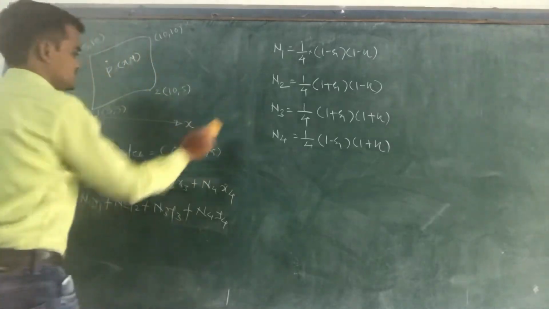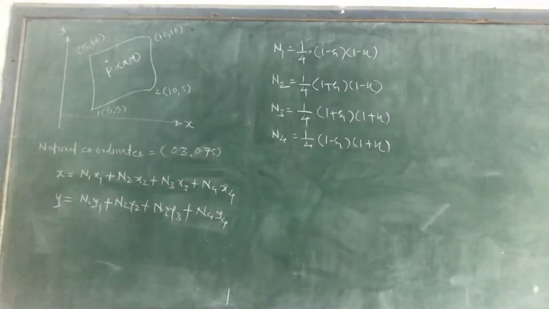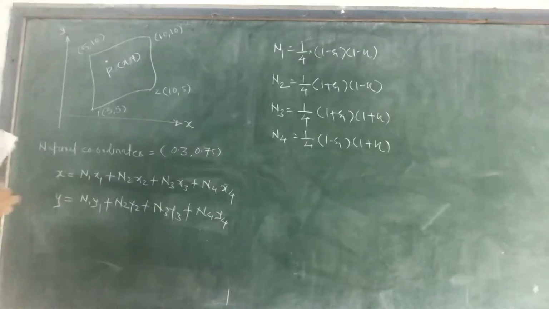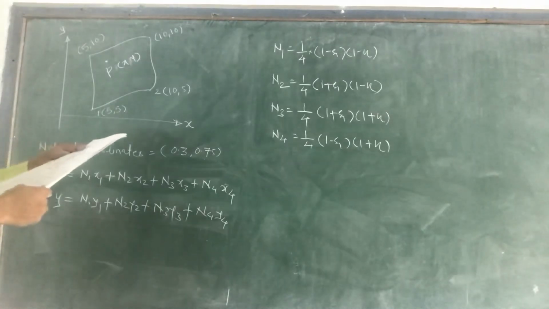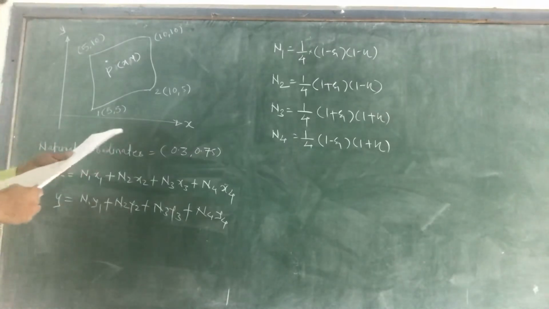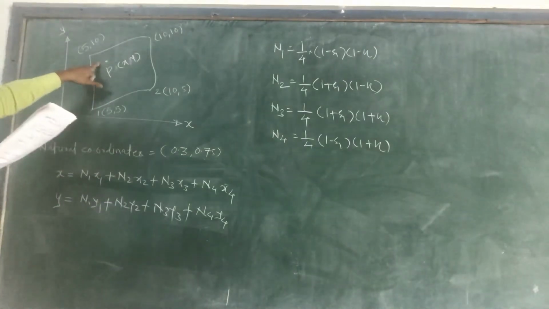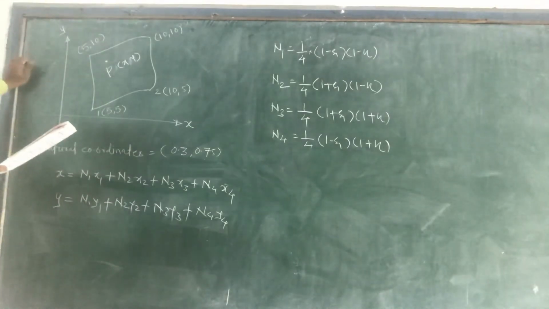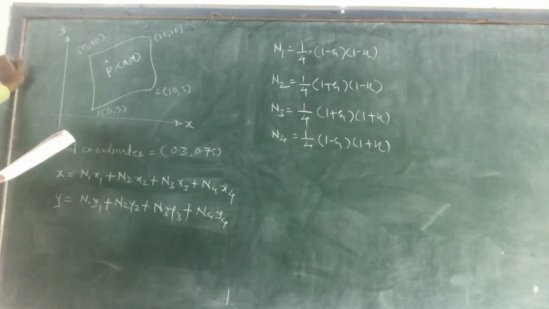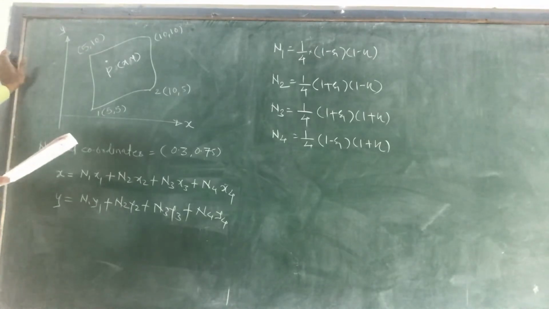So what will be this example? So let us see the first example. In this example, they have given that the point P is located in a rectangular element having natural coordinates equal to 0.3, 0.75.